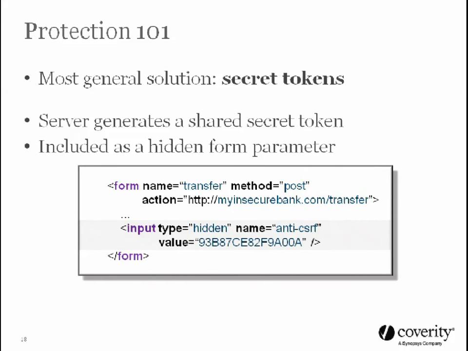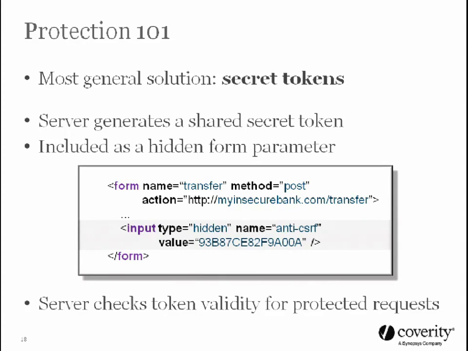I called it anti-CSRF, but you could call it anything you want. And it's got this shared secret token that the server has generated and stored and remembered. So then when the user goes and submits that form, the server checks that the token value that's submitted is the one that it had previously generated and stored. If it's valid, then the request action is completed. If it's not valid, then you know you have a forgery on your hands.